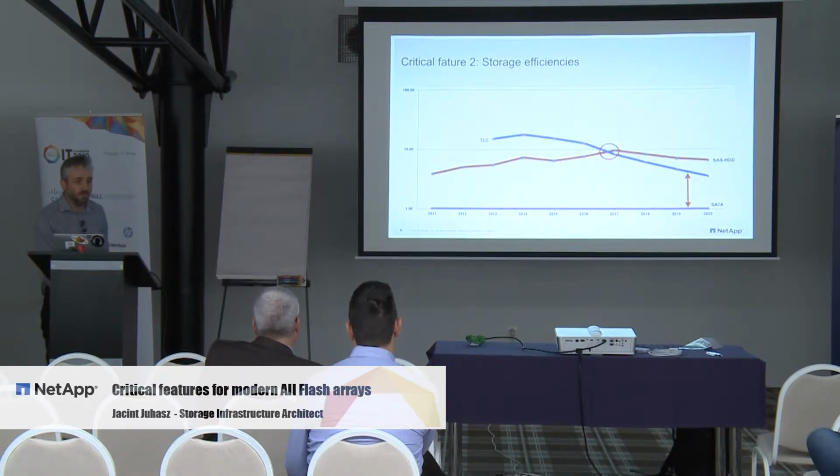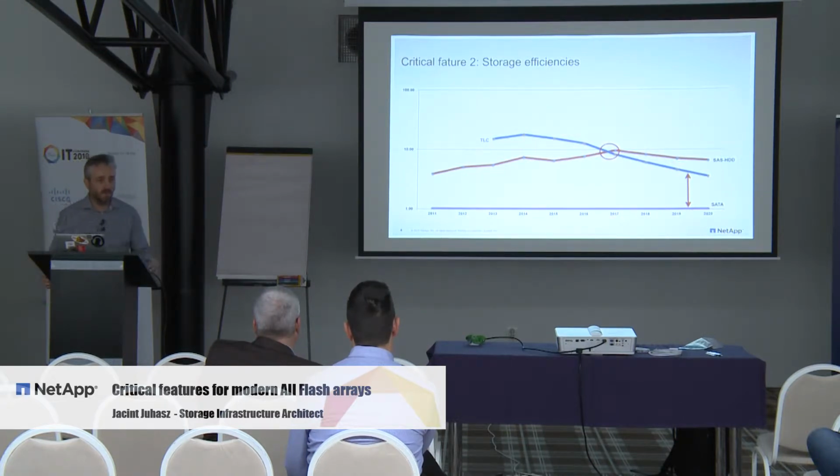So IDC was predicting 4 or 5 years ago that the price of the flash is going to drop to the level of disk by the end of 2017. So currently we are in 2019, so 2 years later, as what the prediction was telling, and still the price of flash is pretty much 2x compared to the price of generic spinning media, what you would use for application.